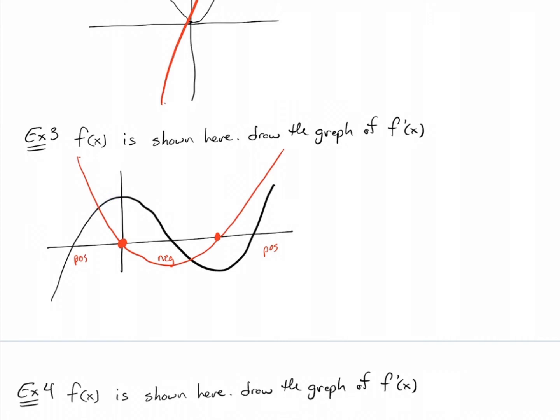So the value of the slope is positive, but it gets close to 0. That's what's going on here. The y value of this is positive, but it's getting closer to 0. And during all of this, the derivative is negative. So we get that. And notice, this looks like a cubic function. If you take the derivative of a cubic function, you get a quadratic function. And that's what this looks like here.